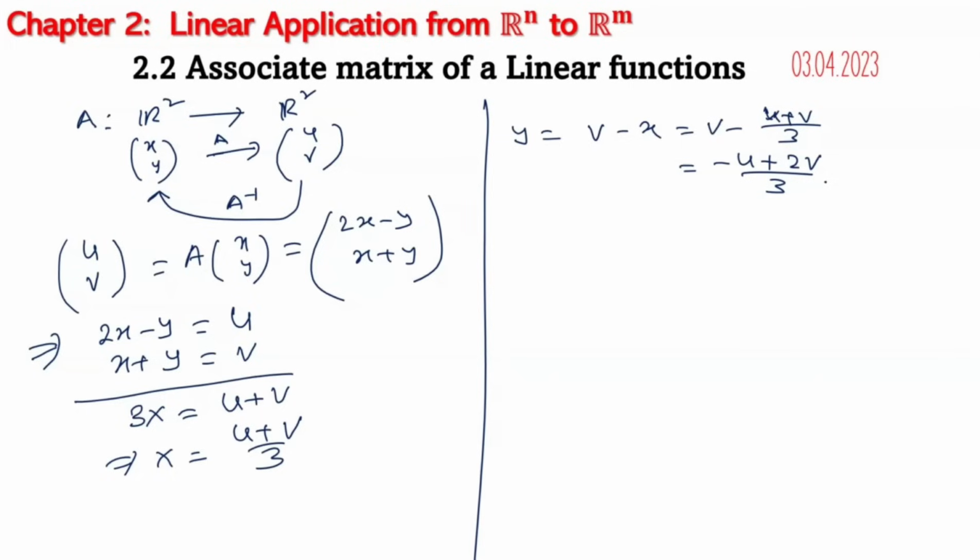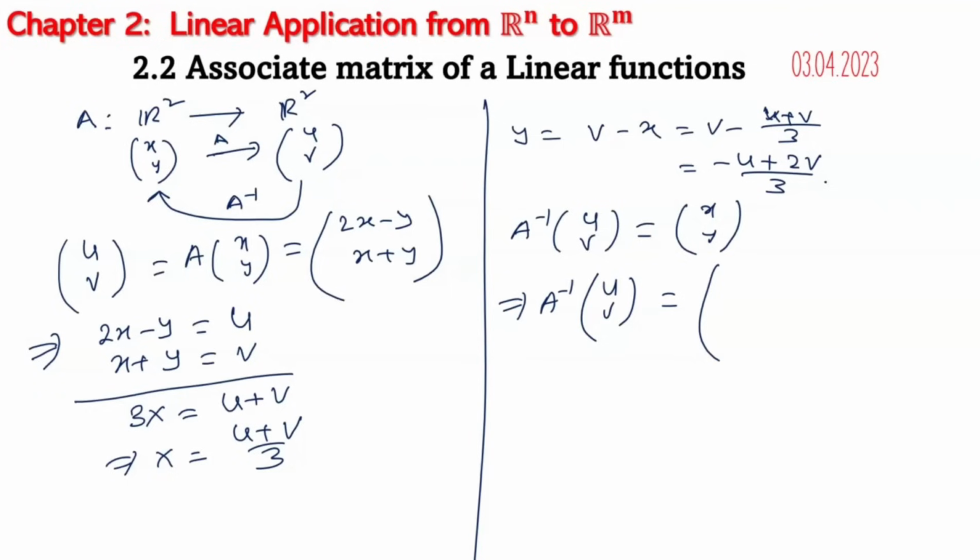Therefore, we have A inverse (u, v) equal to (x, y), which is ((u plus v) over 3, (minus u plus 2v) over 3). So this is how you get the image of A inverse.